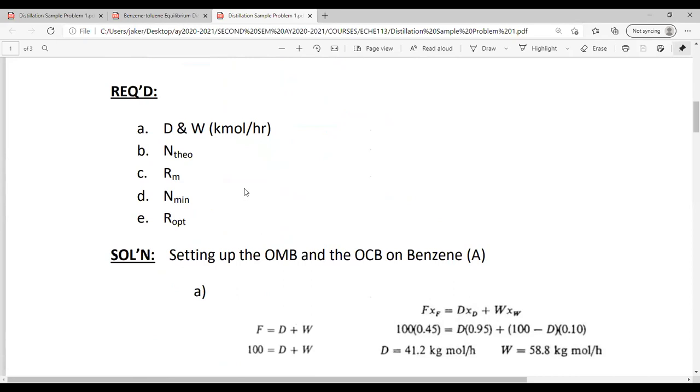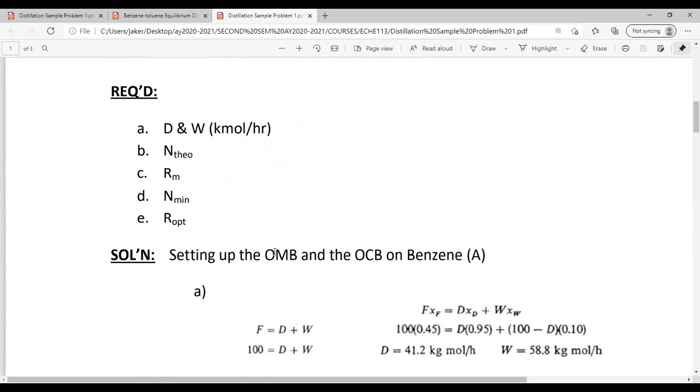Okay, so the first part of the problem is to determine the D and the W, the distillate and the bottoms liquid. And this does not require any of the procedures that have been discussed in McCabe-Thiel, because this will just be simply material and component balance.